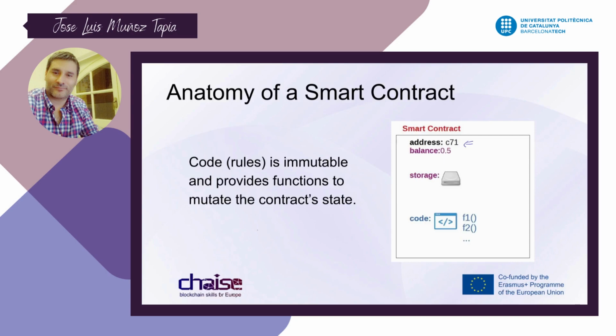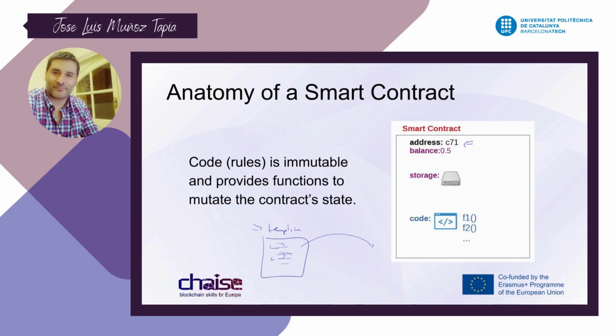It's like when you have a contract between two parties: you have a template, and then you fill in the names, for example, and so on. So we program the template, and when we deploy it, we create real contracts, or instances.